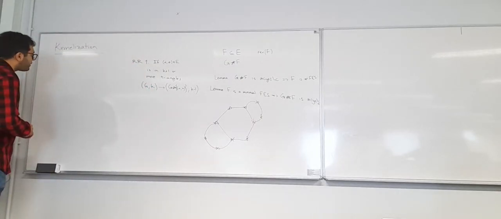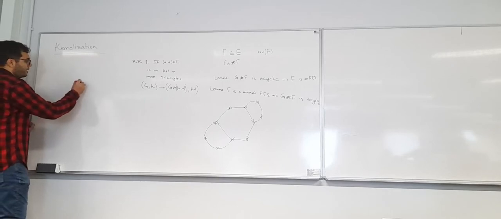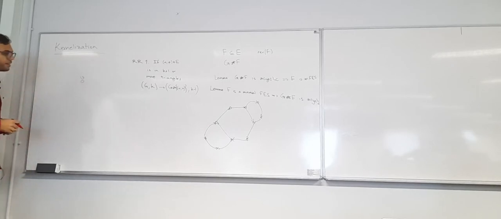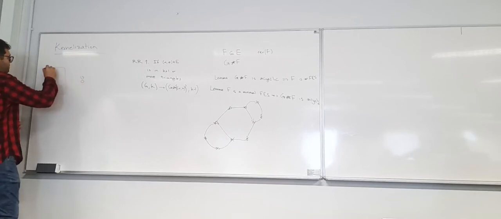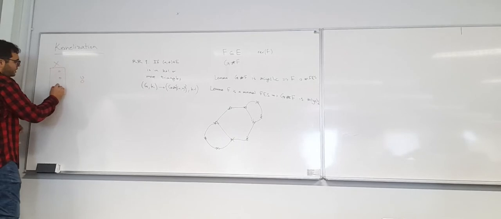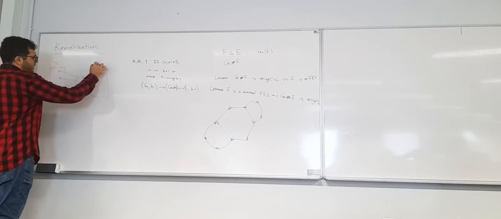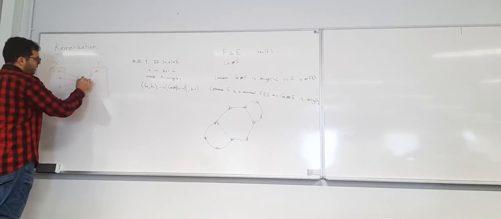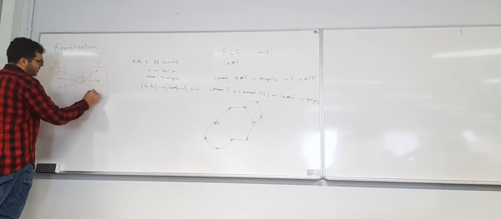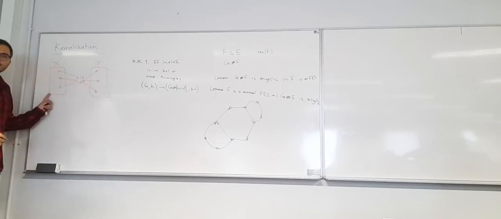Let's say I have some vertex V, and there are some vertices that have edges to V. Let's call them, I don't know, X. So all of these vertices have edges to V. And there are some other vertices that V has an edge to. Let's call those Y.